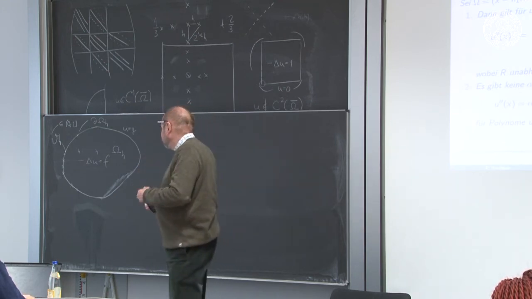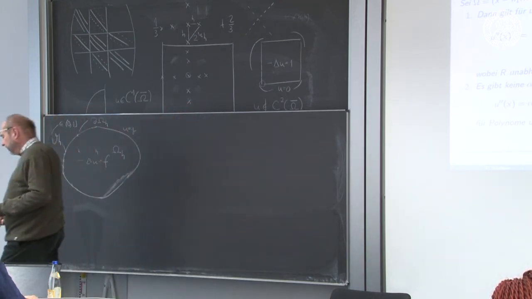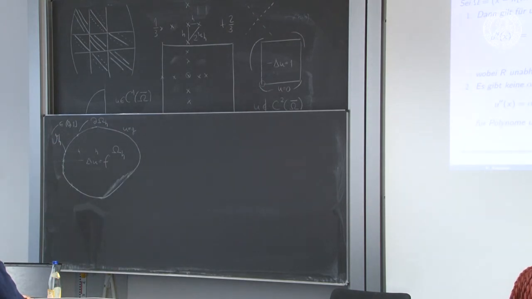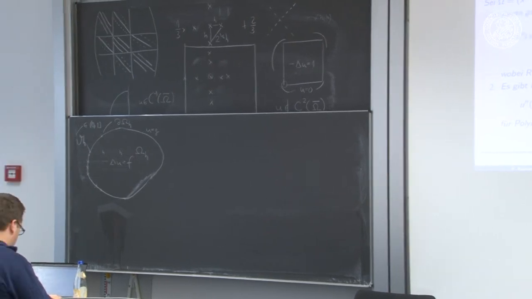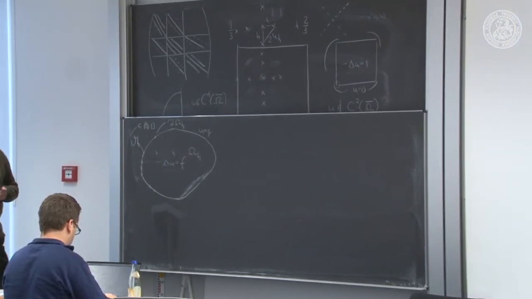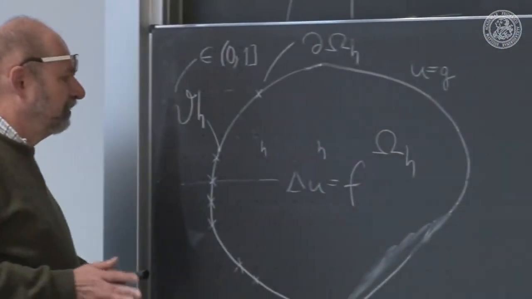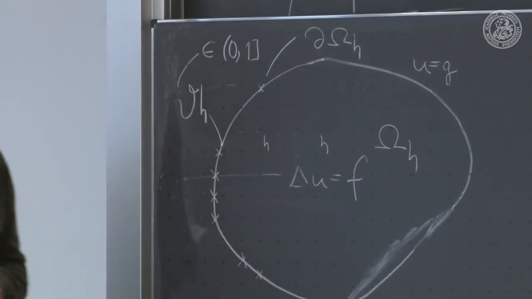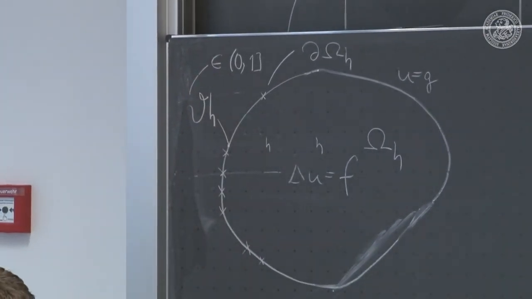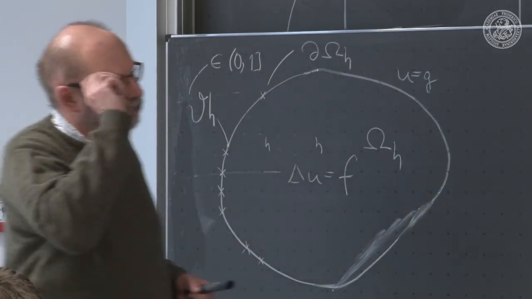So if we do this, and this is possible, this is then called the Shortley-Weller discretization, then at least theoretically we have the problem that our theory up to now only gives us order of convergence 1. In fact, it's not as bad. In fact, also in this case, the order of convergence 2 is conserved, but in other norms, not in the maximum norm. And this requires much more detailed work on the consistency error than we did up till now.